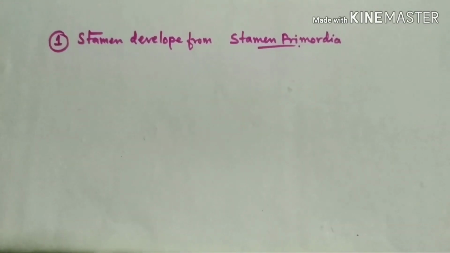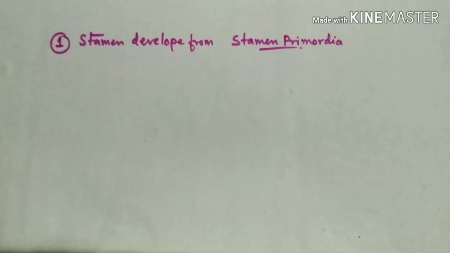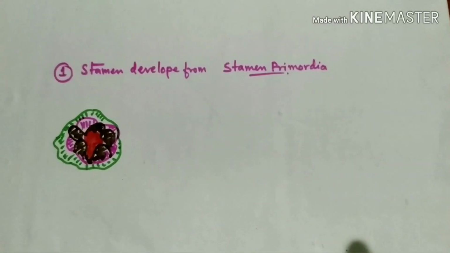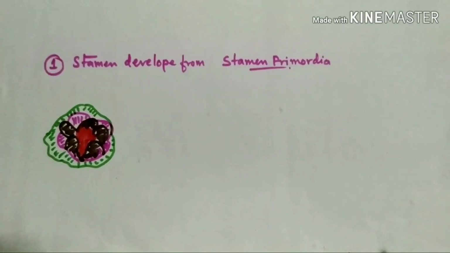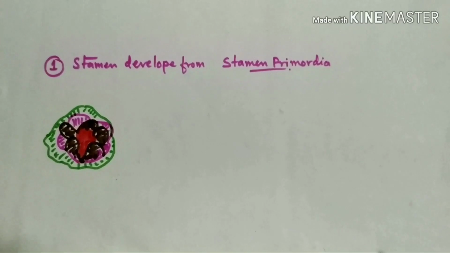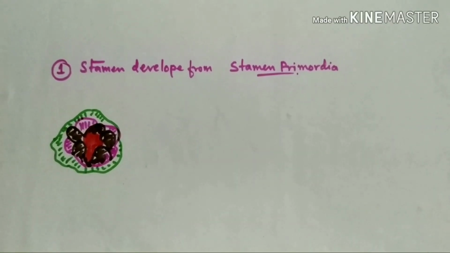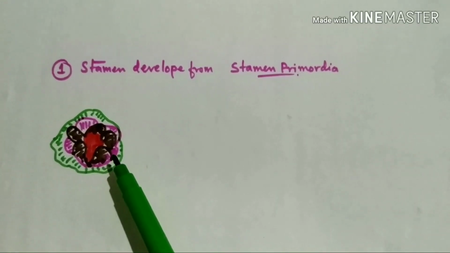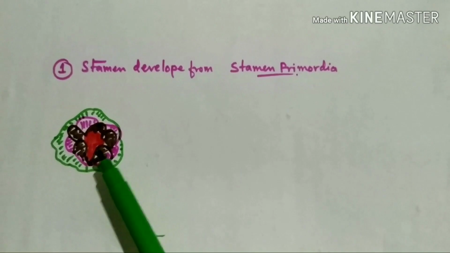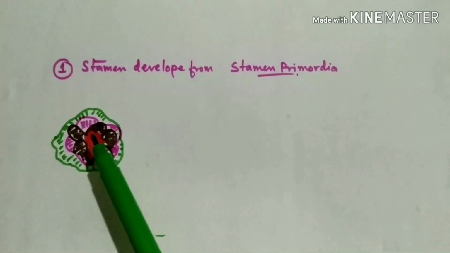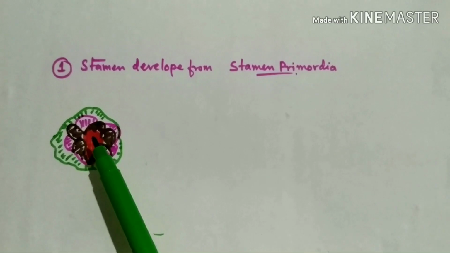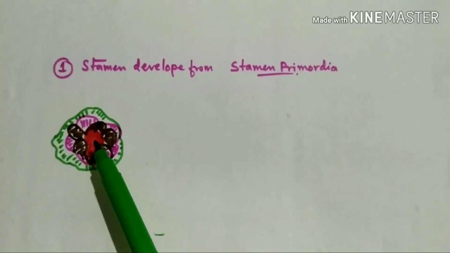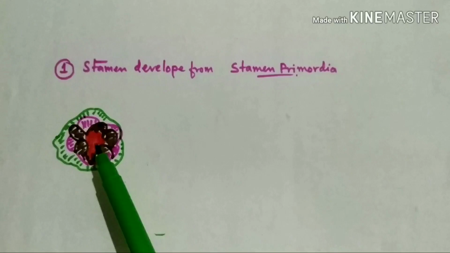So, at first, stamen develops from stamen primordia. So this is the floral meristem. Now, sepal develops from here, then petal, then stamen primordia. This is called stamen primordia, and this is carpel. So carpel is produced from here.